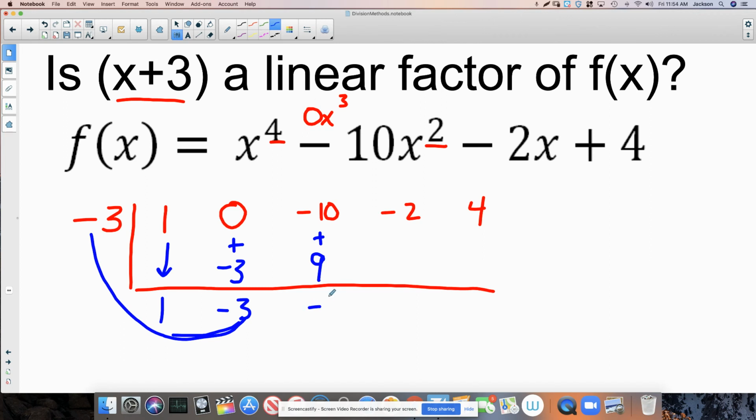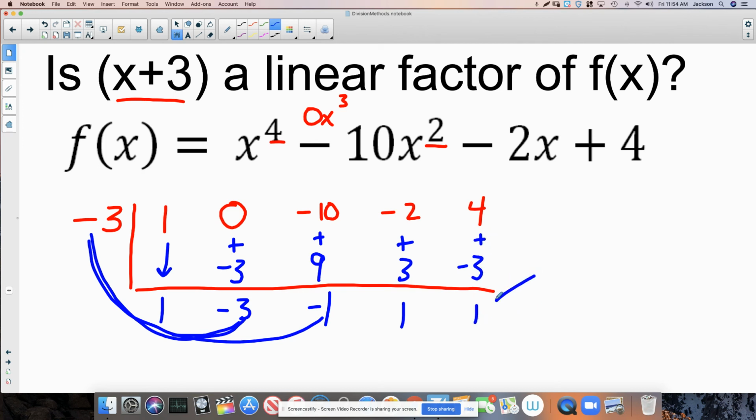Here we get -1. Then we do -3 times -1, which is +3. We write that here, and we add. -2 plus 3 is 1. Then we do -3 times 1, which is -3, and we add, and we end up with a 1.